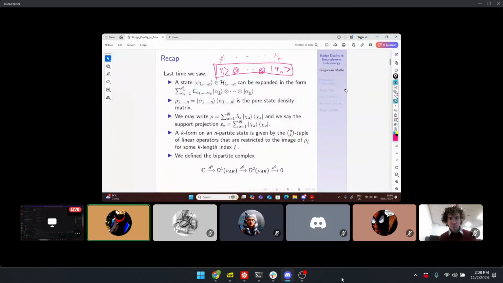And we wanted to see how we can use cohomology to measure this. Also, as a side note, we can expand such a state in this form. I should probably mention that this ket notation basically denotes a vector.